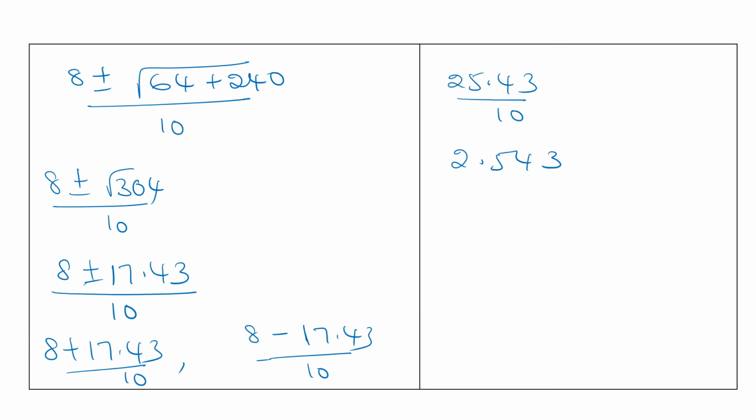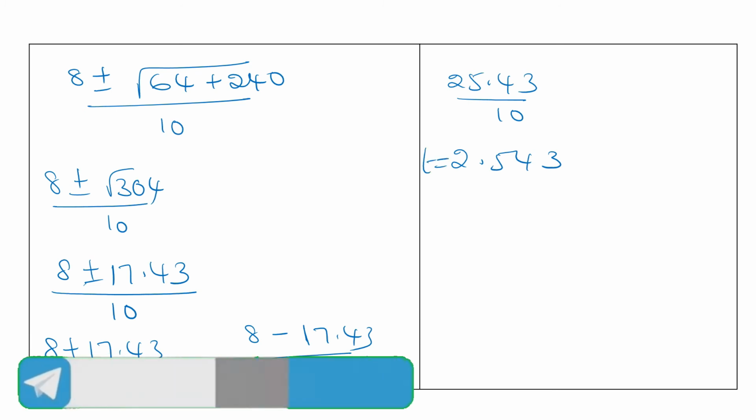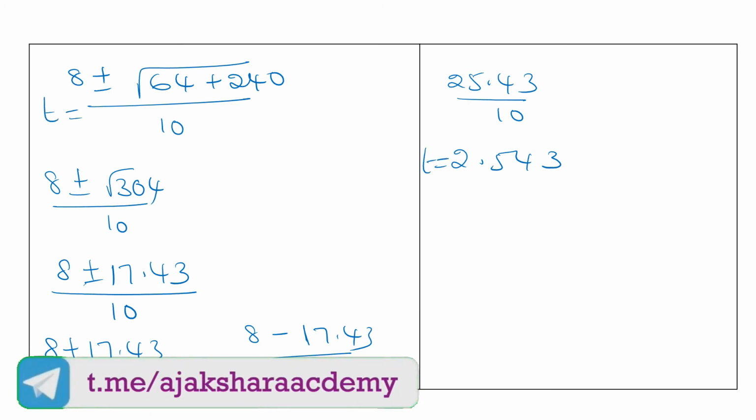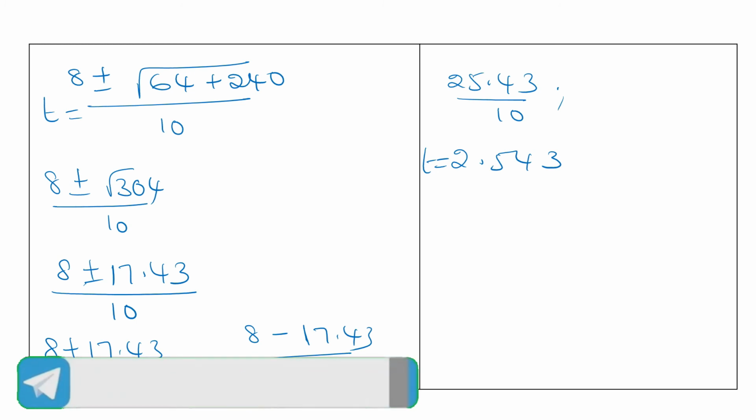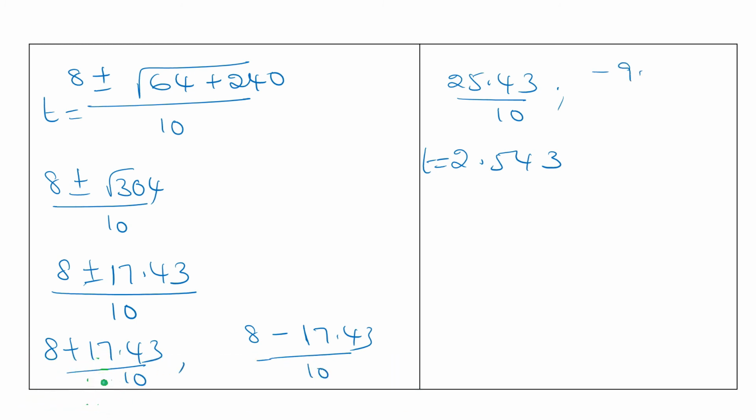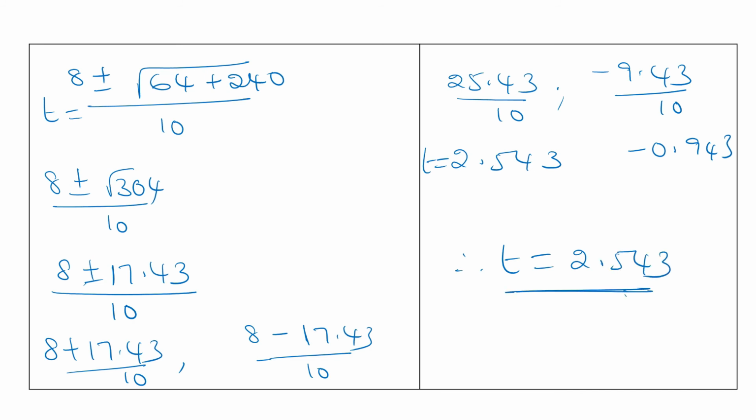For 8 minus 17.43, we are getting minus 9.43 by 10, minus 0.943. This we are not considering, so therefore t is equal to 2.543. Okay. Next we will go to the next question.